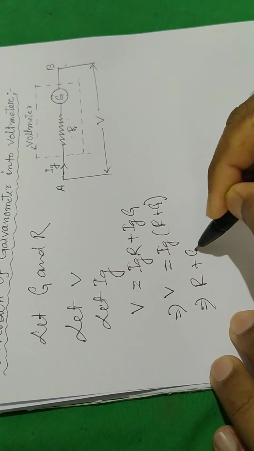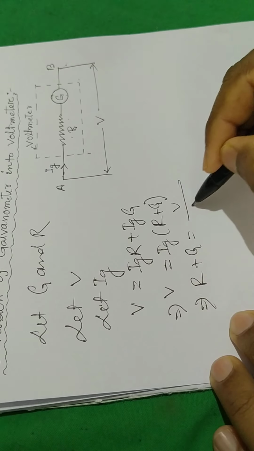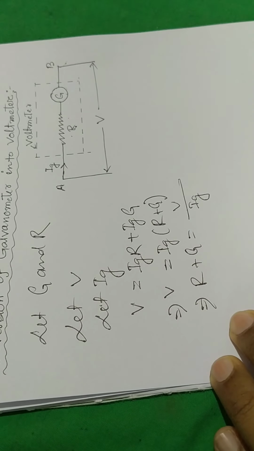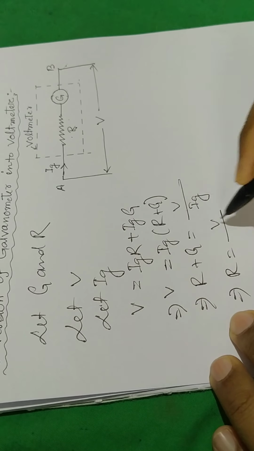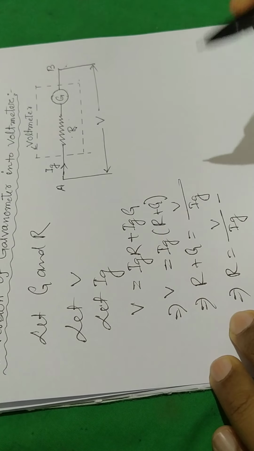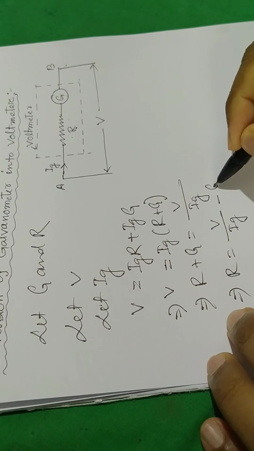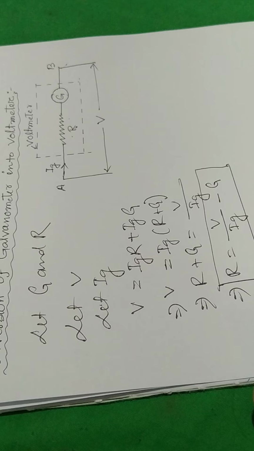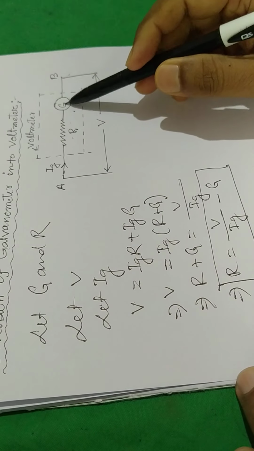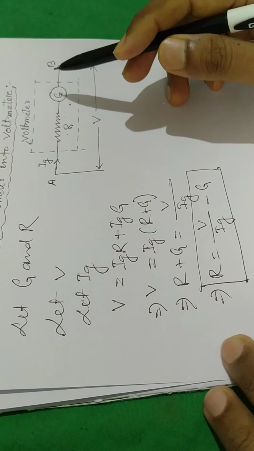R plus G equals V by Ig. R equals V by Ig minus G. This is the value of resistance connected in series to the galvanometer to convert the galvanometer into a voltmeter.